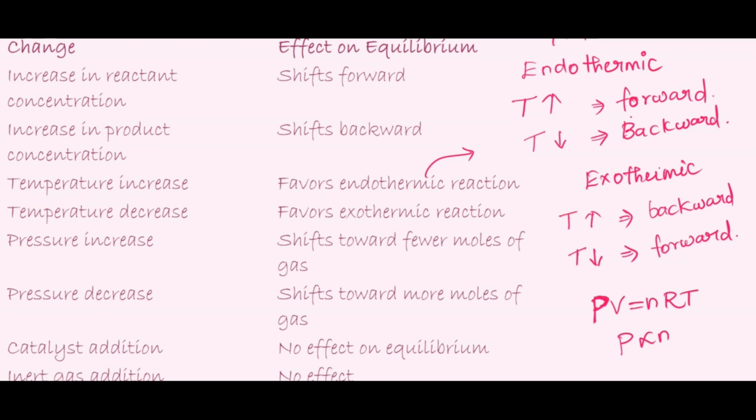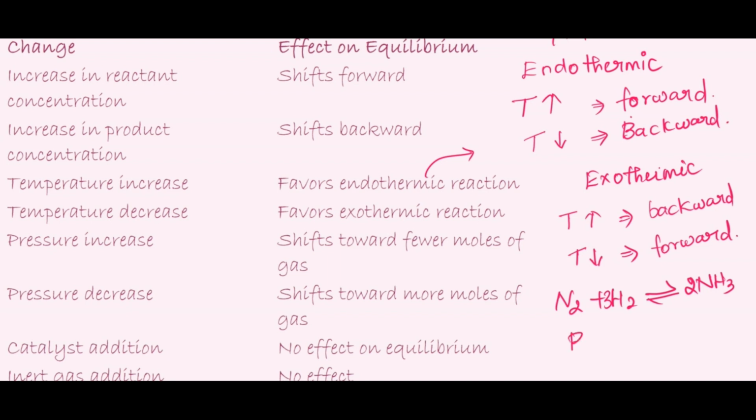Let's say in the reactant side, I'm giving you the example of the famous process, Haber's process. N2 plus H2 gives NH3. Balance it: N2 plus 3 H2 gives 2 NH3. Okay.